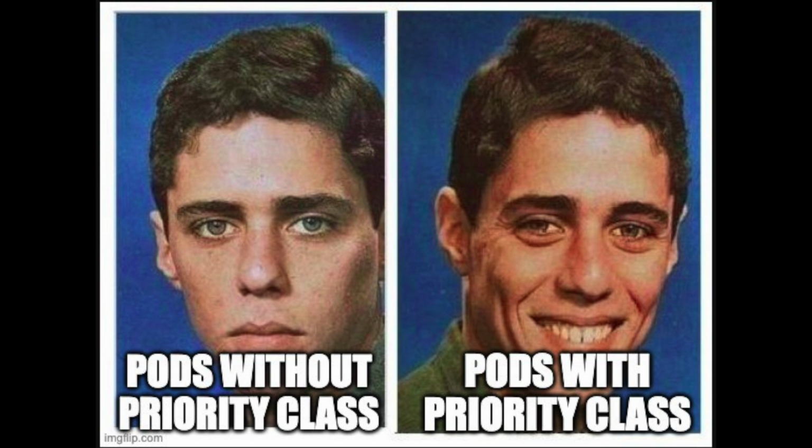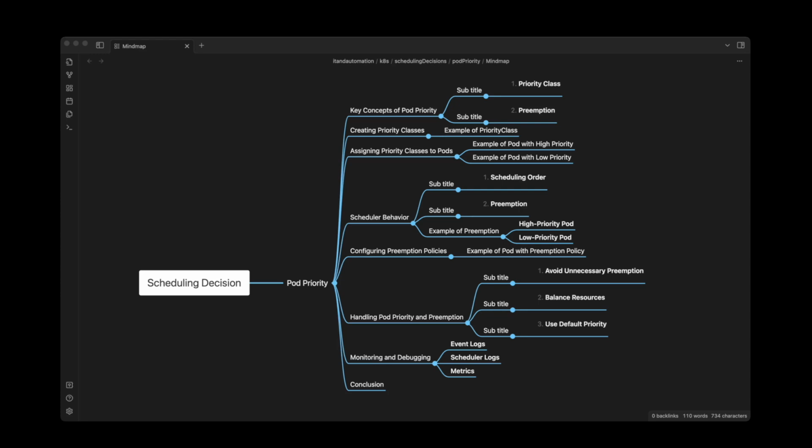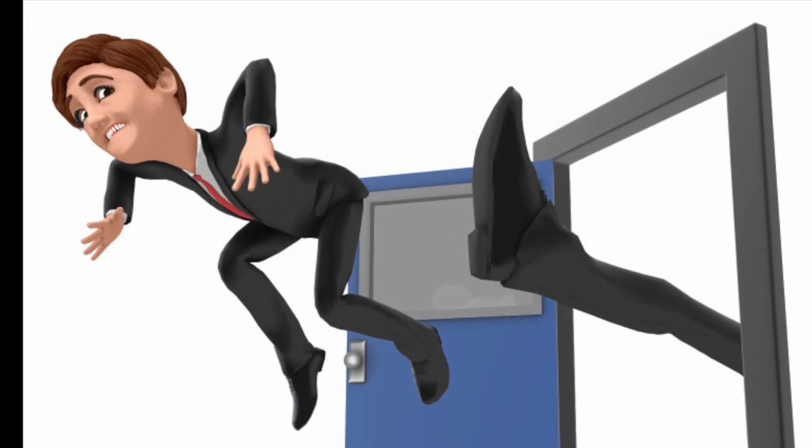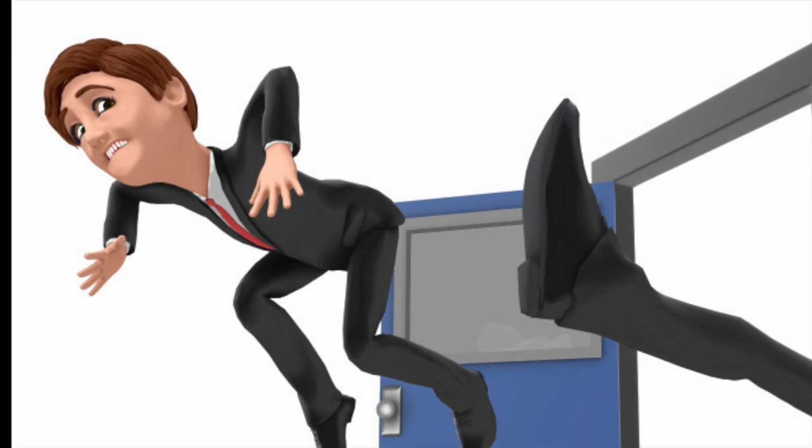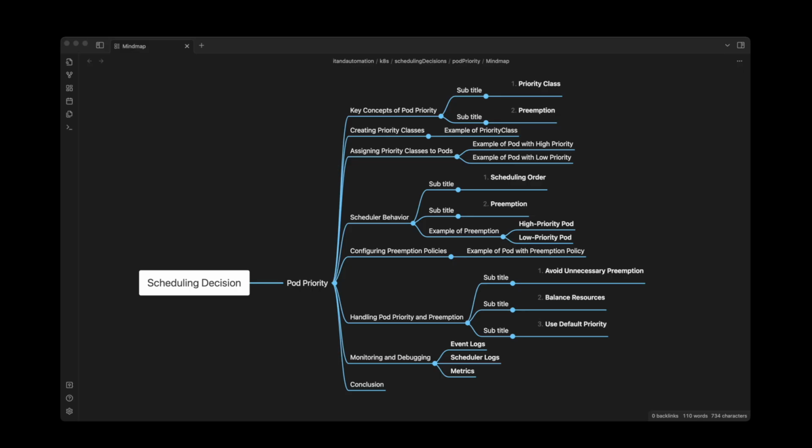Pods with higher priority values are scheduled before the lower values, basically. And from a preemption perspective, if the higher priority pod cannot be scheduled due to resource constraints, the scheduler will or may preempt or evict the lower priority pod to free up the resources.